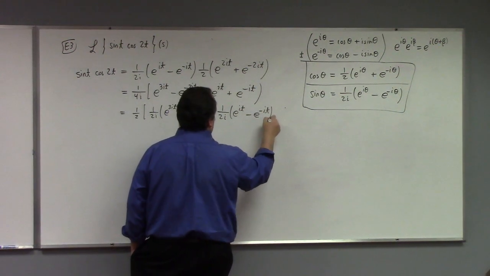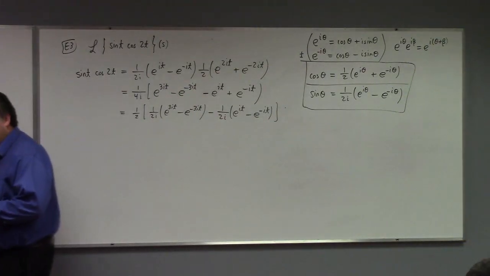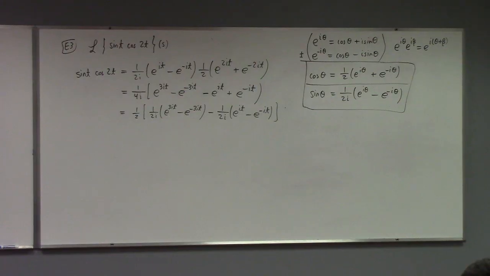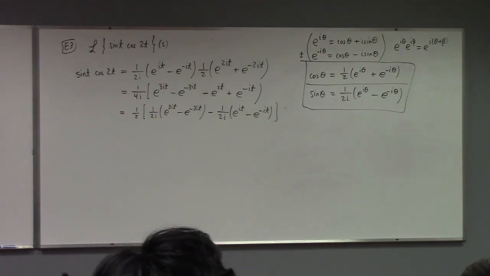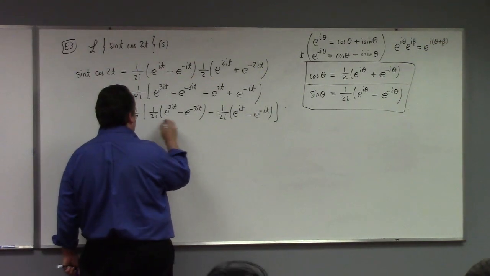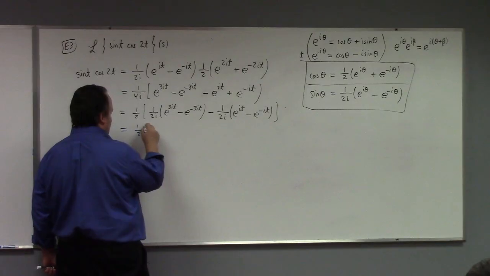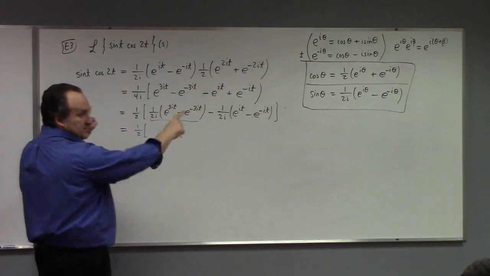Now you might be wondering, why am I doing what I'm doing? I'm doing it so it's back in the pattern of the formulas I have there. All right? So now I can go, oh, okay, this is like theta equals 3t, so this is actually 1/2 of what? Recognize what we're looking at, making a substitution.